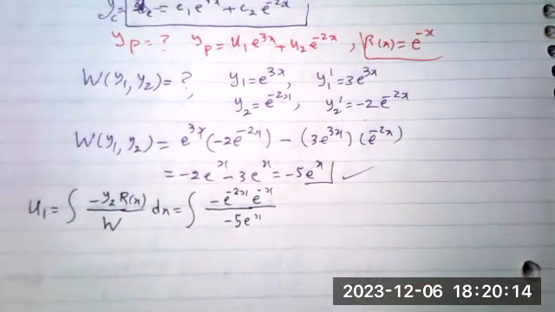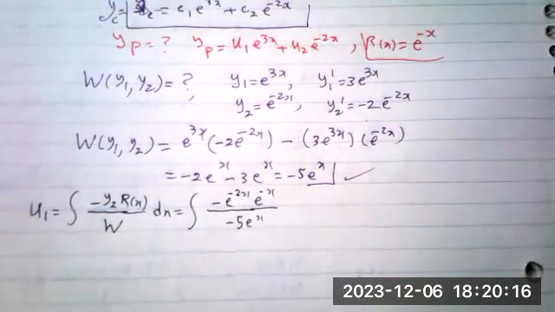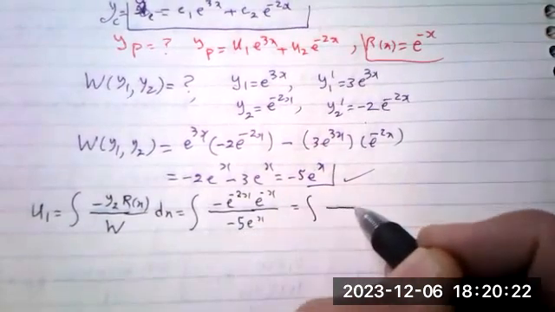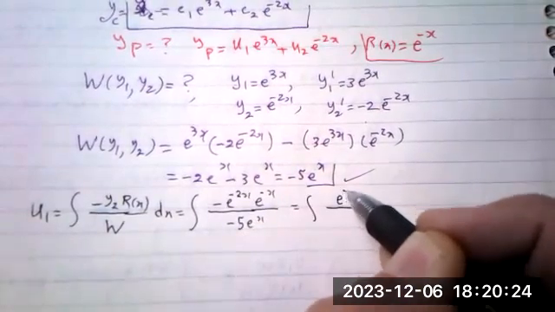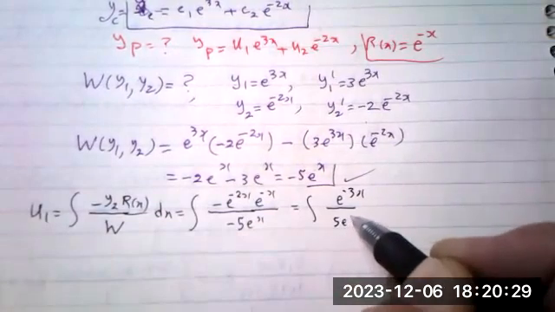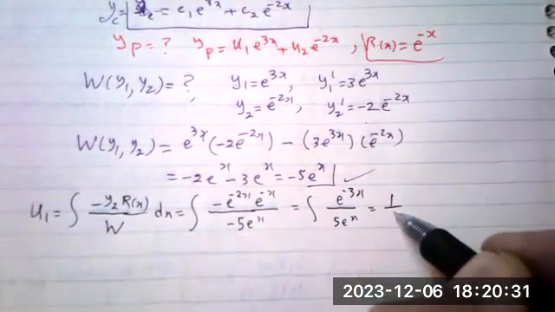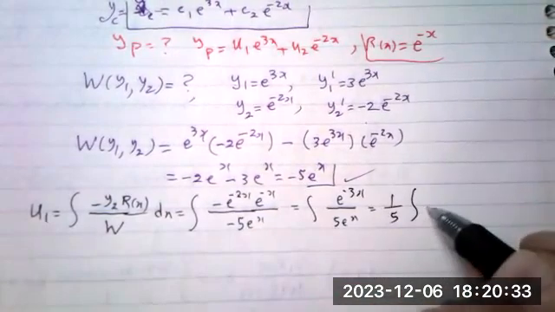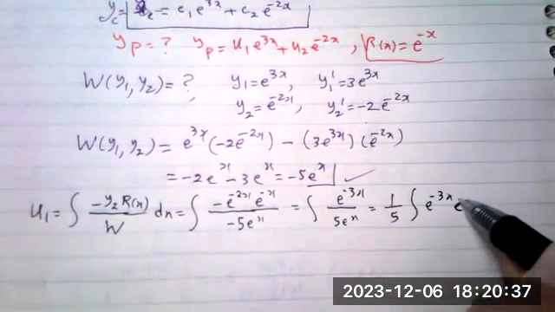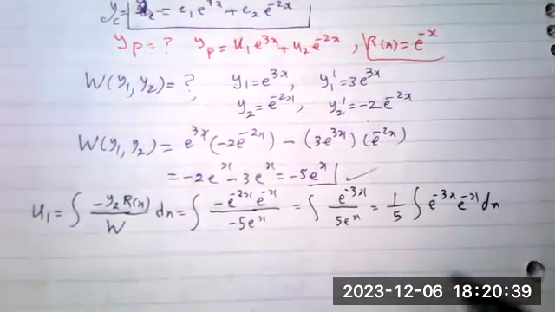Okay, simplify. Multiply the top, that gives e to the negative 3x. The negative becomes positive, so we have e to the negative 3x on top and 5e to the x on the bottom. So it's going to be one fifth the integral of e to the negative 3x times e to the negative x dx.